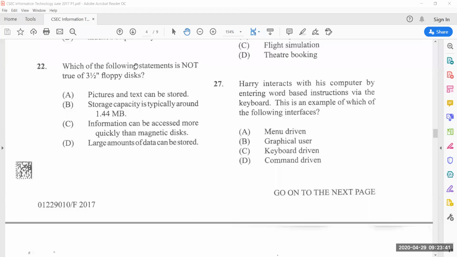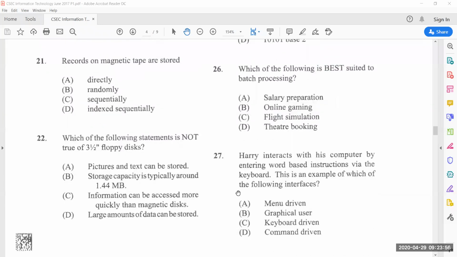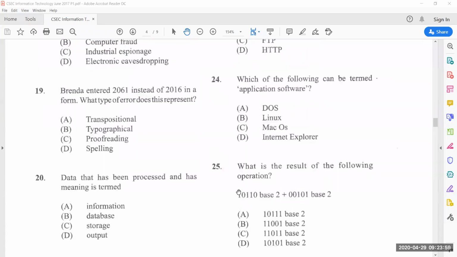Yes, that is correct. The answer is D. Because option B is true, 1.44 megabytes is the capacity of that disk. It implies that large amounts of data cannot be stored on a floppy disk. Okay, so 22 is D.